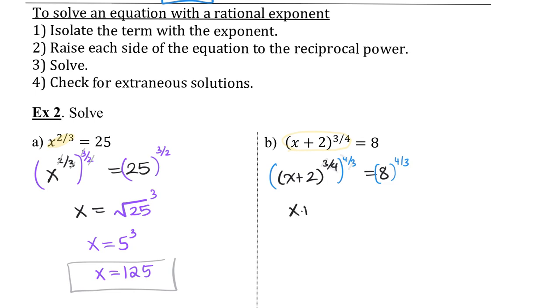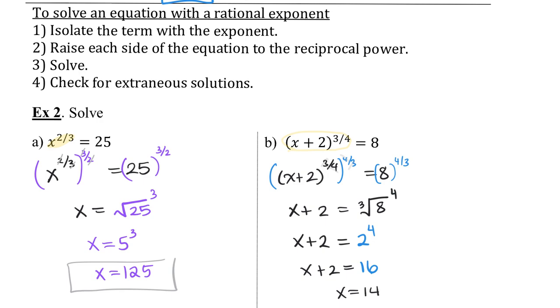So I get x plus 2 equals the 3rd root of 8 to the 4th power. What's the 3rd root of 8? 2 to the 4th. So x plus 2 equals 16. And then I minus the 2 and I get 14.